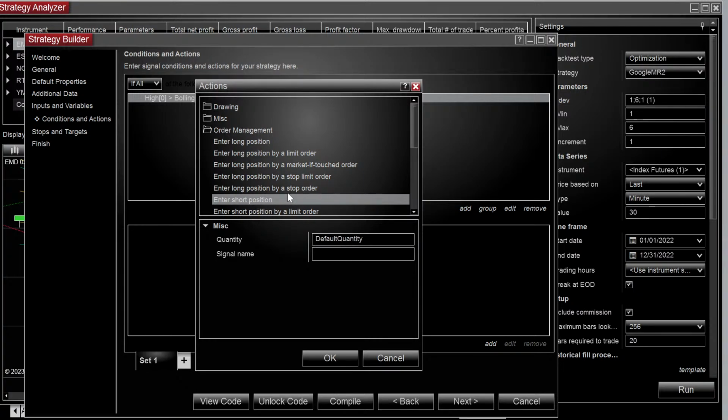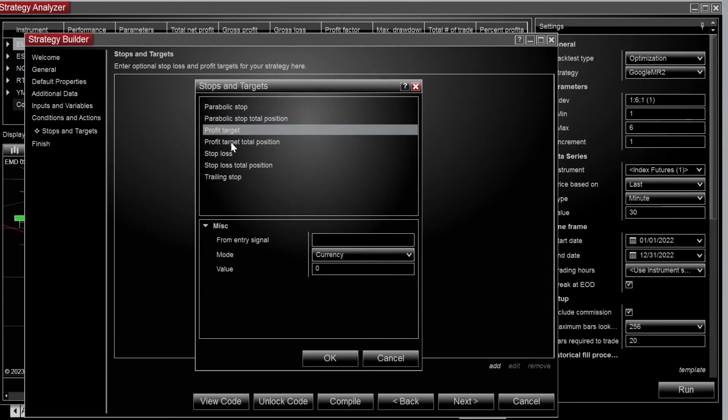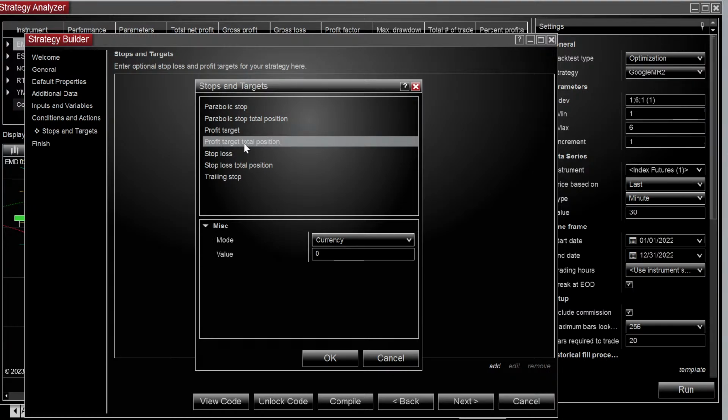Enter short. Just gotta test to make sure it'll do it right. So let's do profit target, total position.